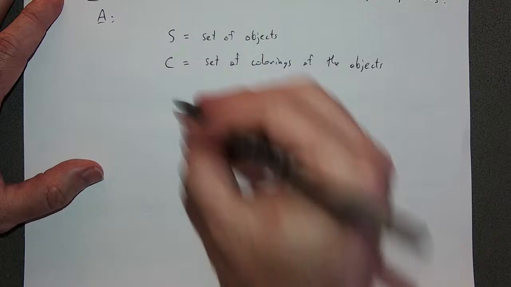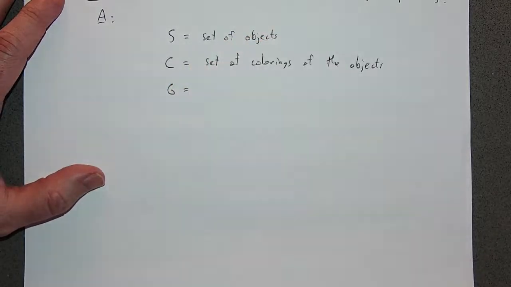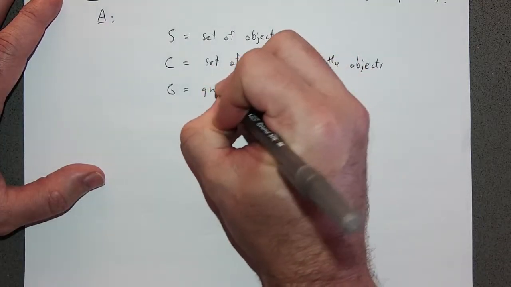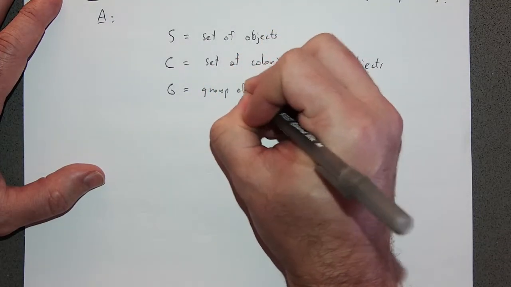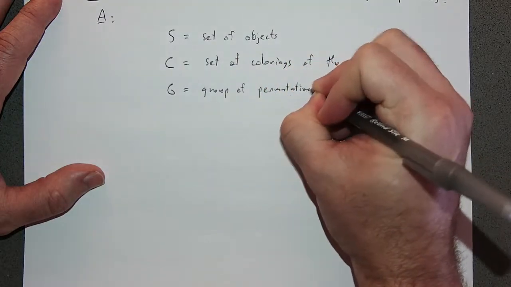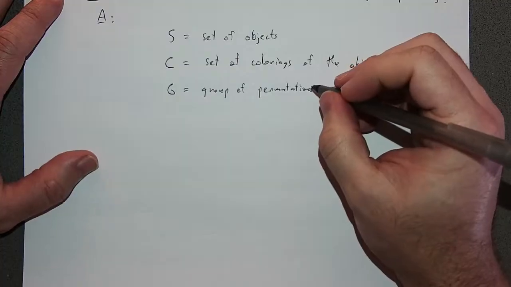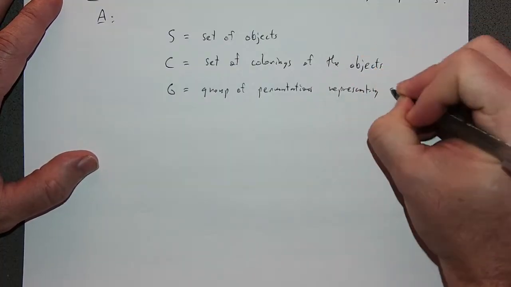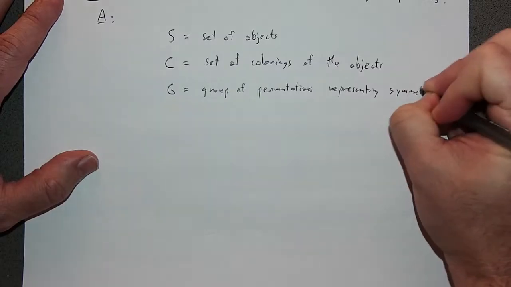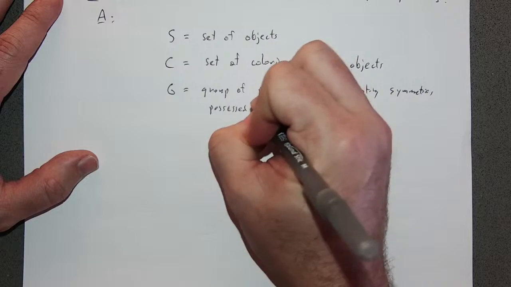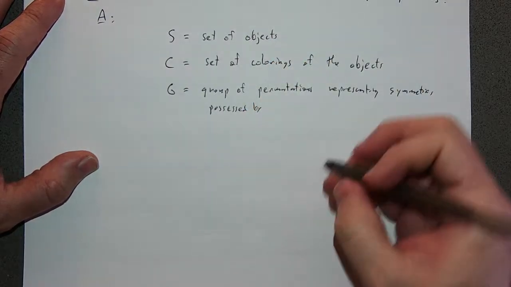And then we have G, which is a group of permutations representing symmetries possessed by configurations of the objects.